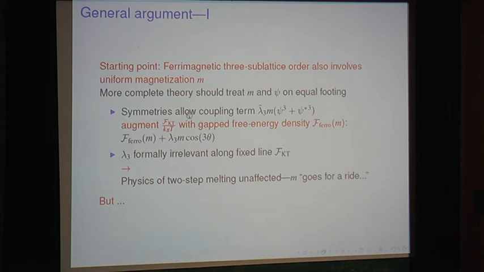So now you realize that symmetries actually allow a coupling between the uniform magnetization mode and the cube of the order parameter. Or if you want, you can think of it as lambda 3 m cos 3 theta. This term is allowed by symmetries. It's irrelevant along this fixed line, but it's dangerously irrelevant, in the sense that although it doesn't affect the physics of what theta is doing, the back reaction of this term on m makes the susceptibility, the ferromagnetic susceptibility, singular.